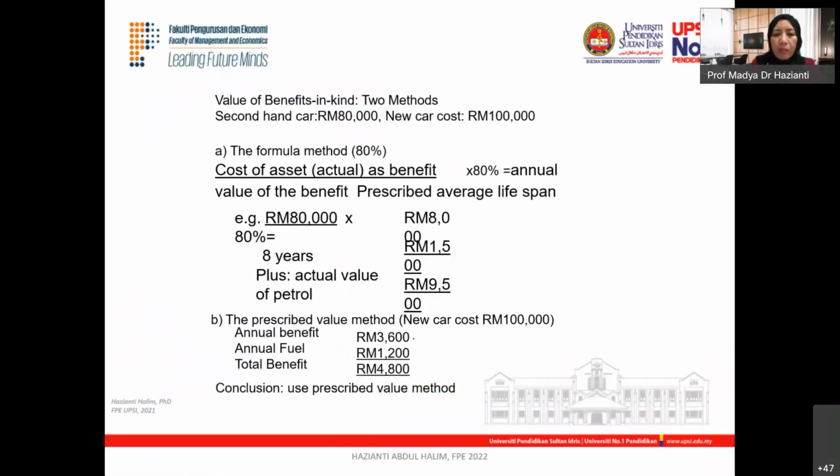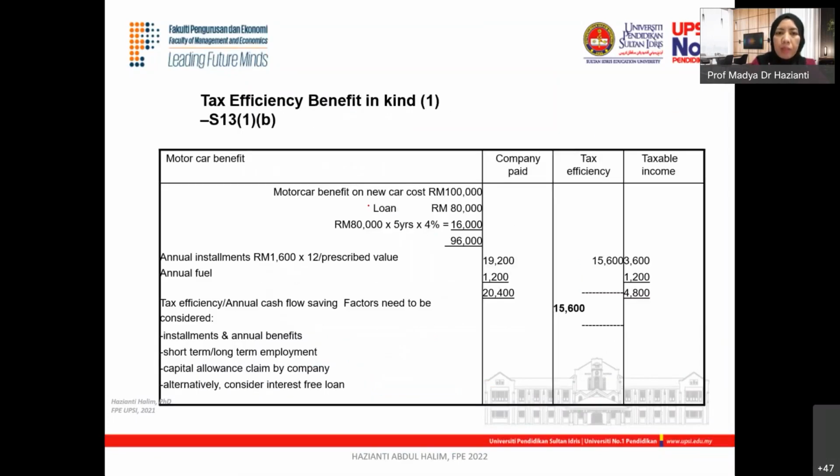Like before, we take the annual benefit, the annual fuel benefit, and the total benefit of 4,800. The formula method above is a bit complicated, and normally we just use the prescribed value. From here, whether he uses it for a full year or less than a year, we have to apportion.